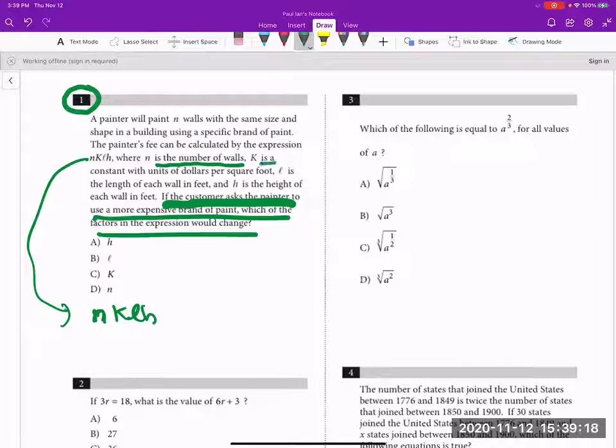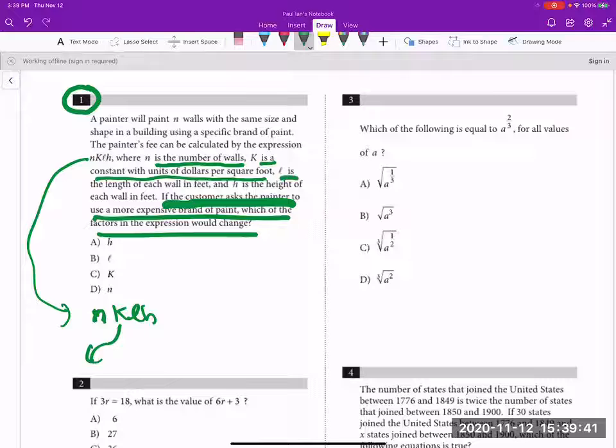And maybe K. Let's look at K. K is a constant number of units of dollars per square foot. So when it says constant with units of dollars per square foot, this may change because you're changing the type of paint, right? And this is dollar amount. So more expensive is going to change. So maybe just K. Let's look at the other ones.